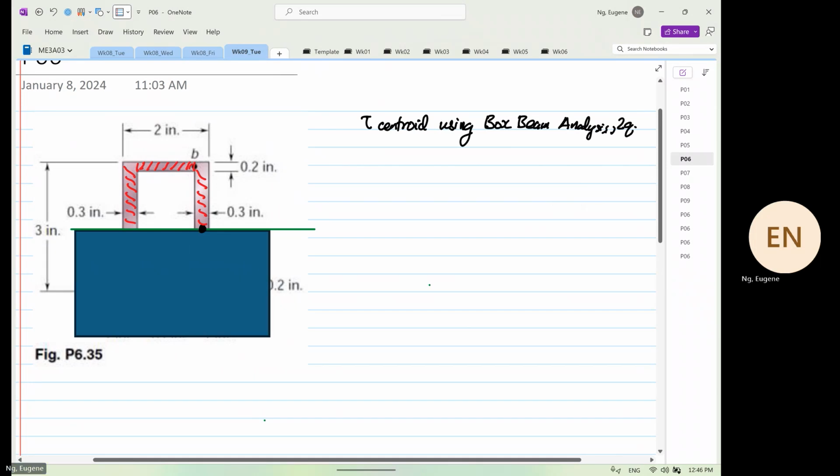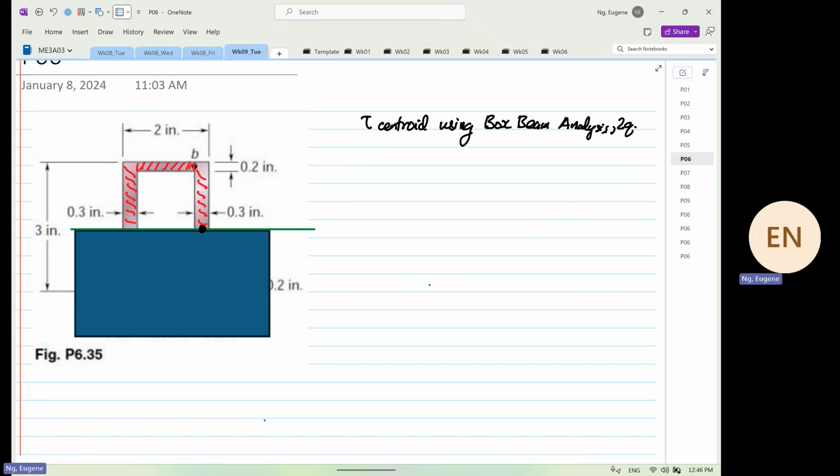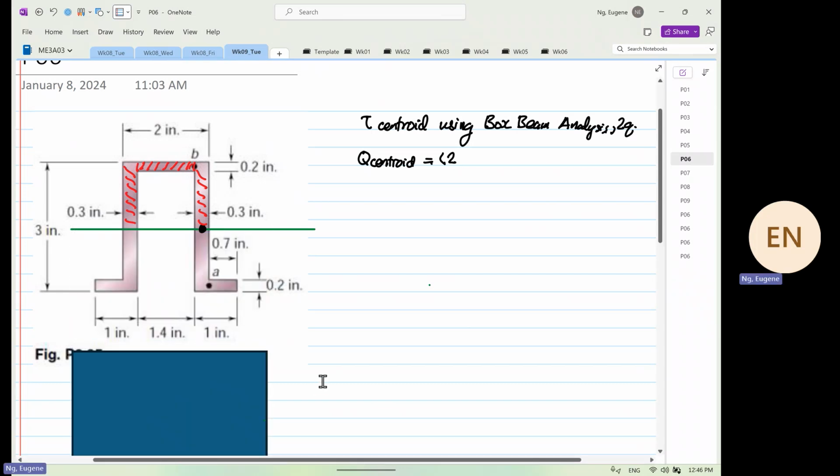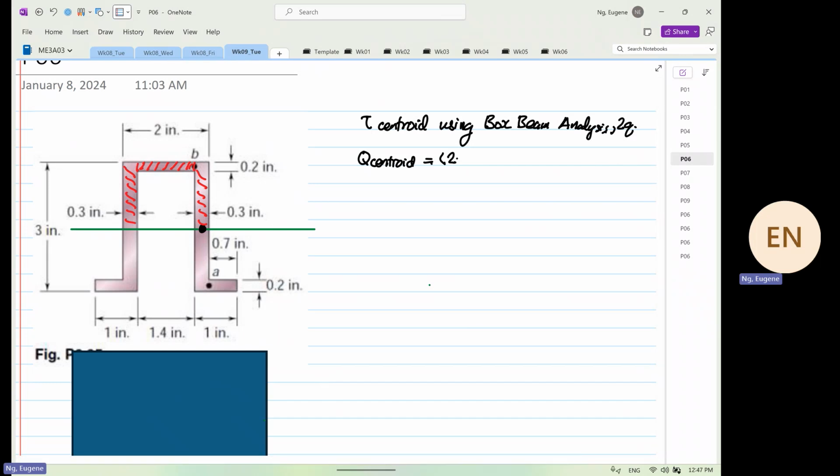So the width, so Q at the centroid will be equal. So the width is equal to, so we had this before, 2 minus by 0.3.